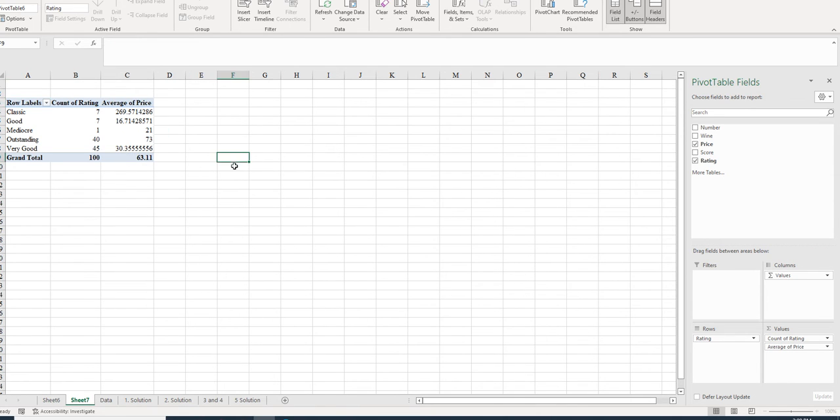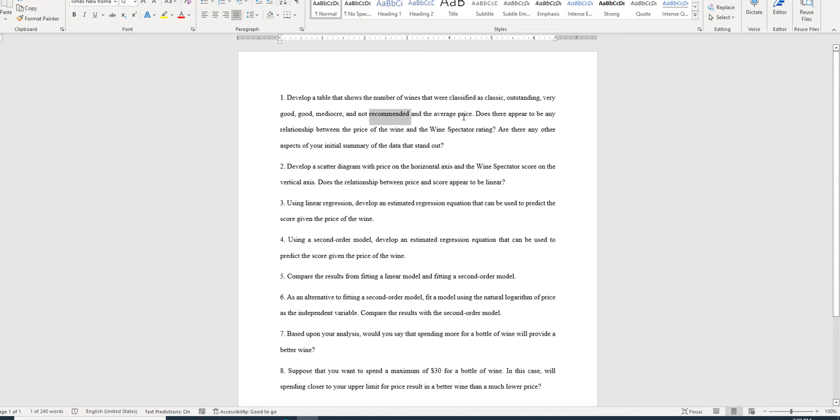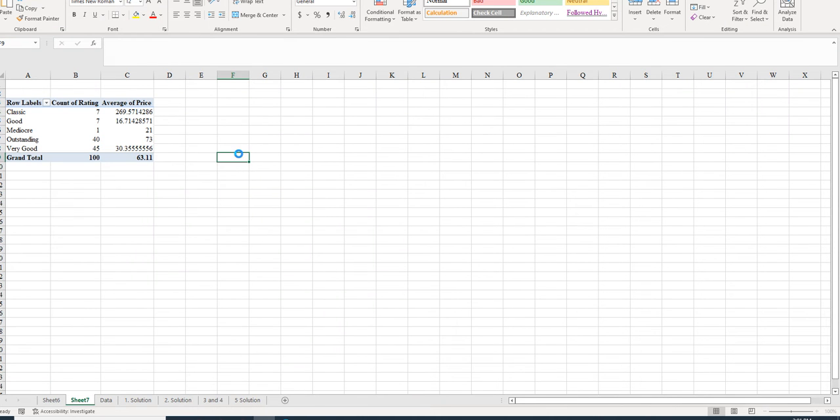Right, now according to the given requirement, the first one is classic, then outstanding. I will copy this, and not recommended. These are the columns that we have. So classic, next it is outstanding. We need to follow the given task.